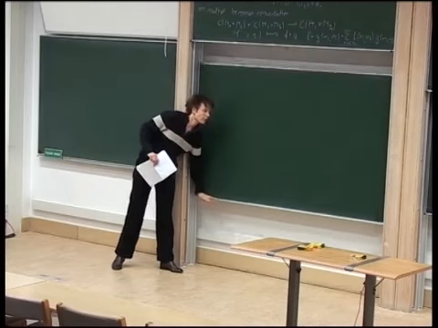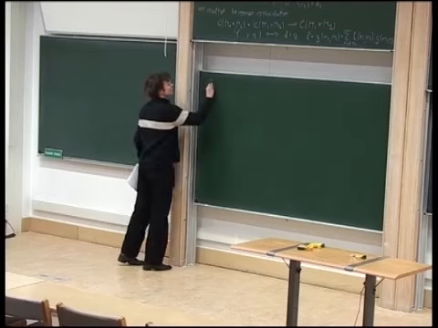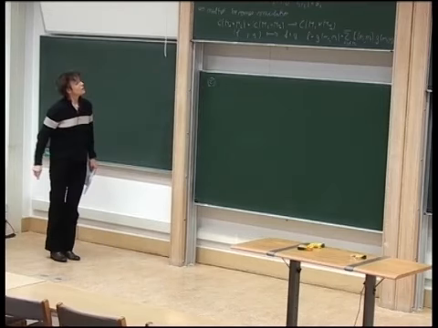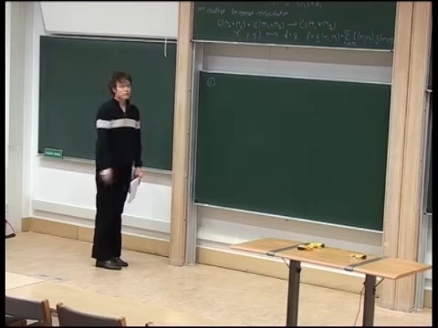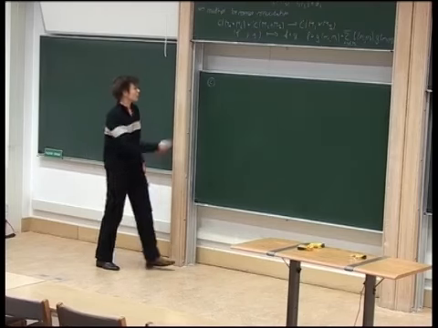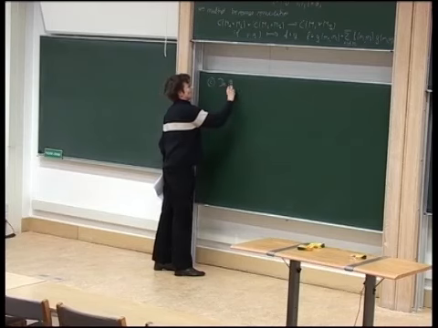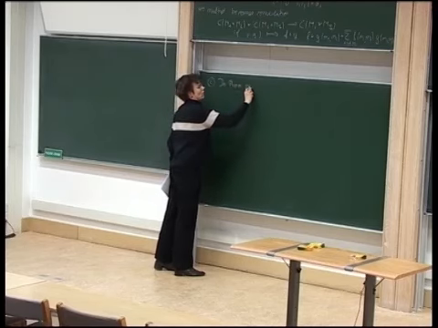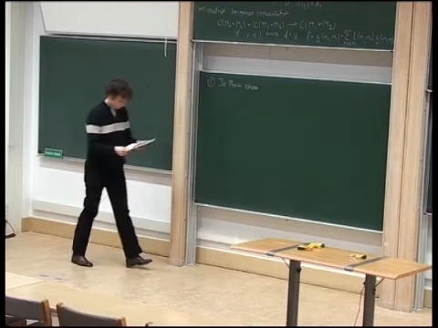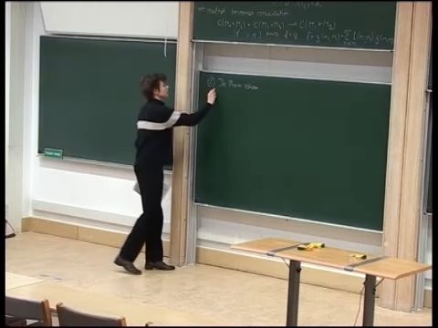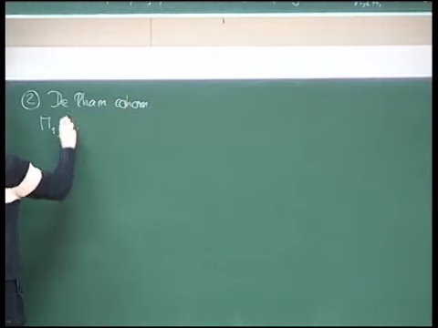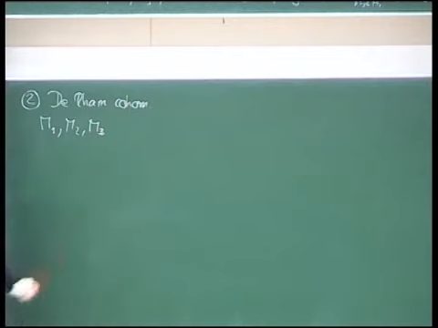Let me do another one, which is more related to what I want to do later on. Namely, we can do a convolution product structure on de Rham cohomology. What I want to do is very similar to the thing above, just from the setup.